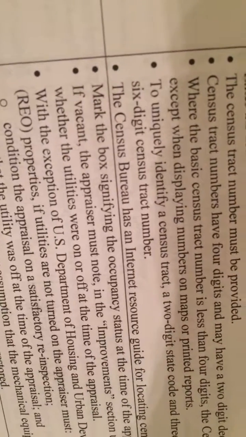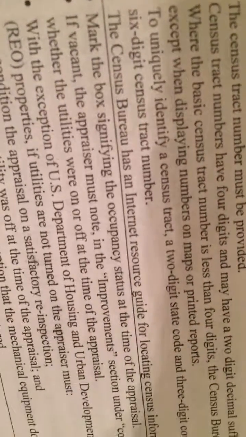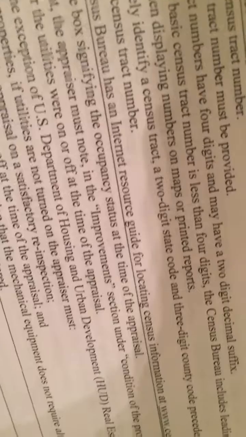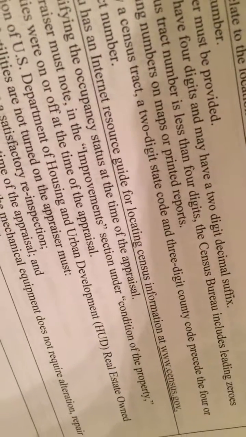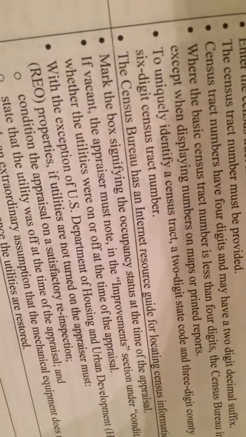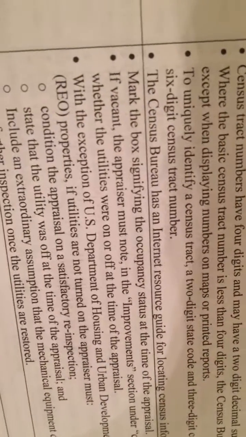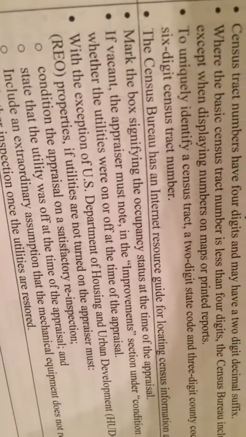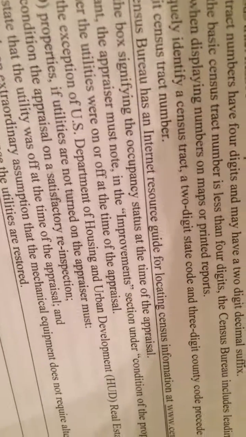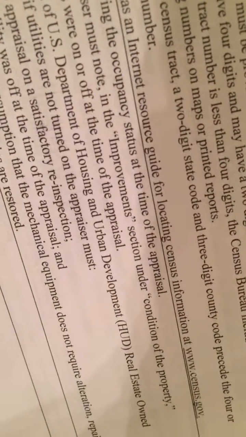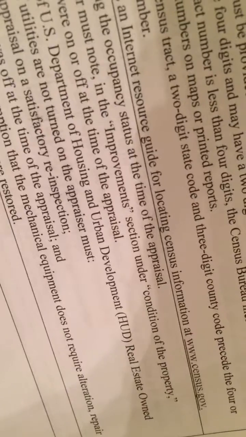To uniquely identify a census tract, a 2-digit state code and 3-digit county code precede the 4 or 6-digit census tract number. The Census Bureau has an internet resource guide for locating census information at www.census.gov.